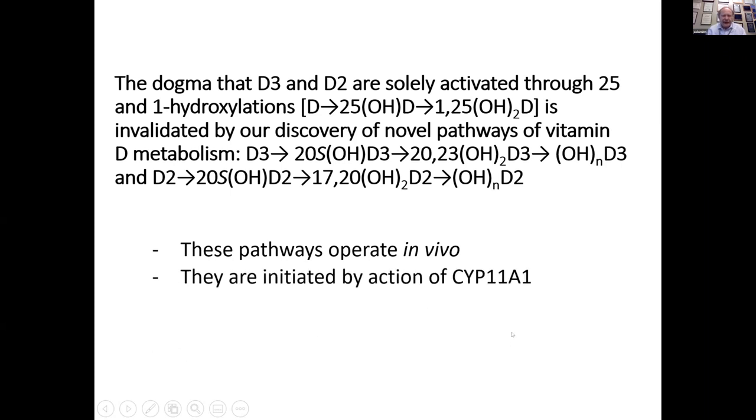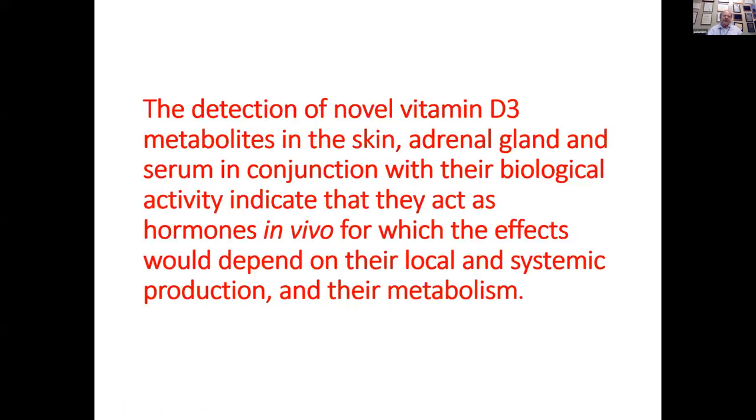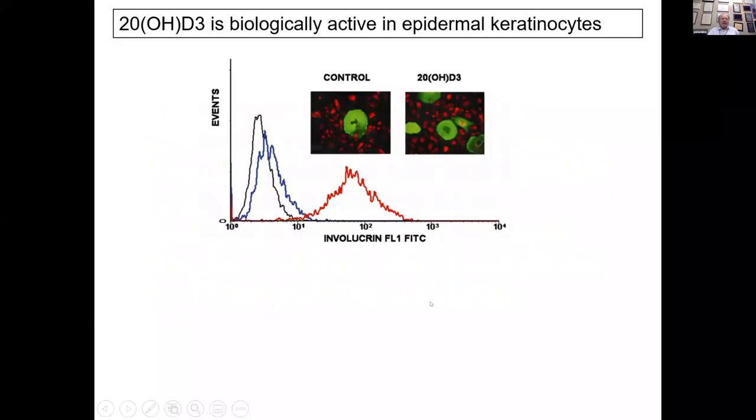They are initiated by the action of CYP11A1, and main products including 20-hydroxy vitamin D are present in human serum and epidermis. The detection of novel vitamin D3 metabolites in the skin, adrenal gland, and serum, in conjunction with their biological activity, indicates that they act as hormones in vivo, for which the effect would depend on their local and systemic production and their metabolism.